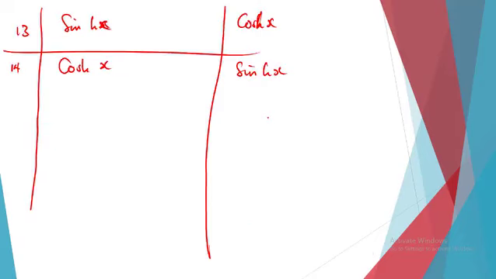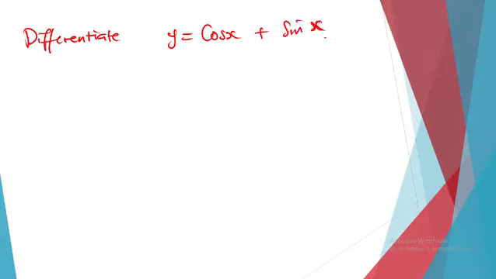There are about 14 of them. So I will give us one example before we call it a day. Assuming you are asked to differentiate y equal to cos x plus sine x.